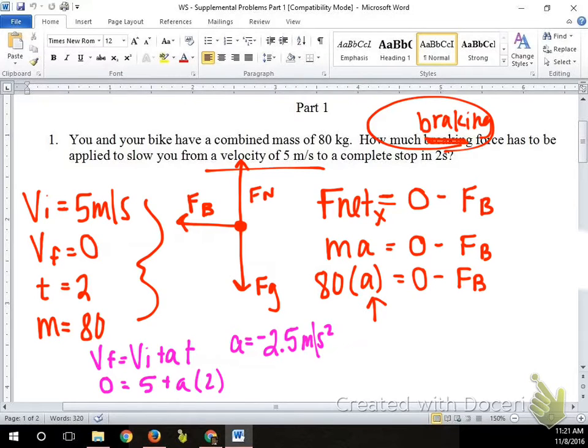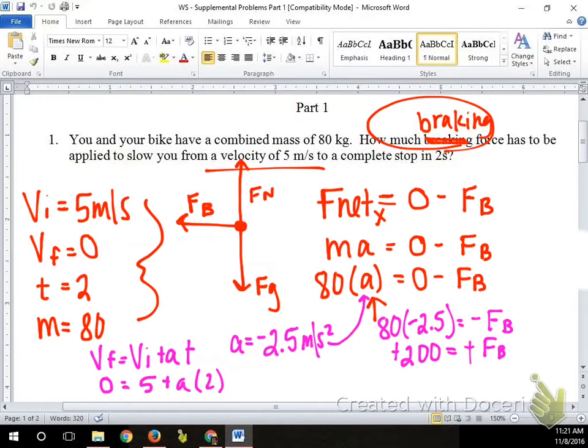Okay. So now we plug that in right here. So 80 times negative 2.5 equals negative braking force. If I've got negatives on both sides, I can cancel those.